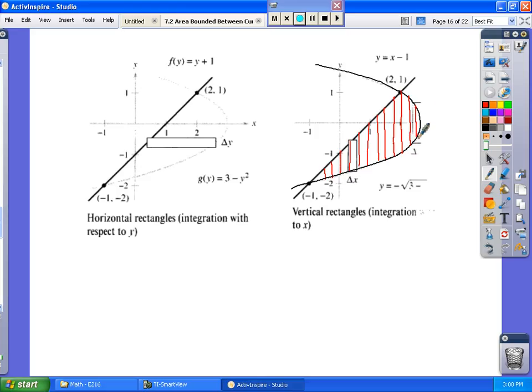This portion in here, the top function and the bottom function, don't match the top function and bottom function over here. In green, you would have to do one integral. In yellow, you would have to do a different integral. And the other problem would be that you have to realize that this actually has 3 functions total.